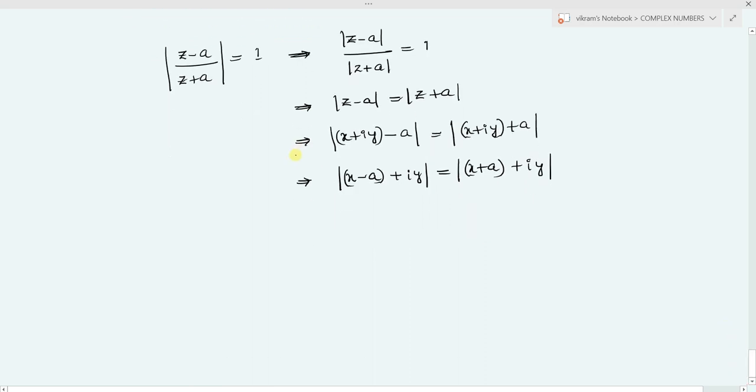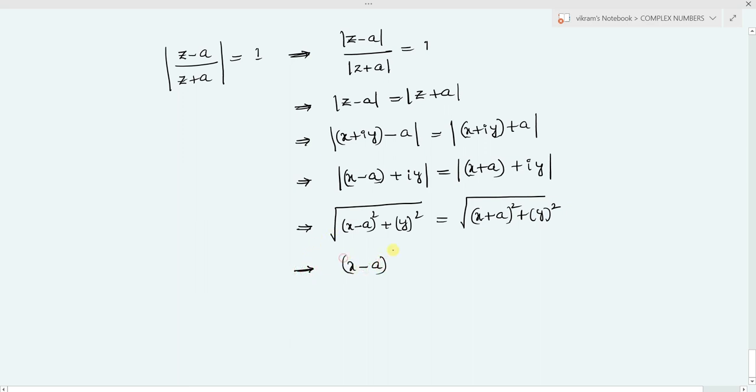The modulus of x plus iy is the square root of real part squared plus imaginary part squared: the square root of (x minus a) whole squared plus y squared, and on the RHS the square root of (x plus a) whole squared plus y squared. Squaring both sides, we get (x minus a) whole squared plus y squared equals (x plus a) whole squared plus y squared.